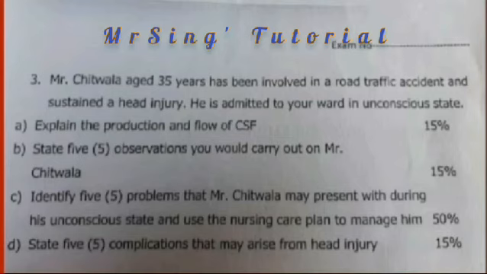Then the other problem that we can also include is memory loss, because head injury can also affect the memory center of the brain. Then the other one, we can also include paralysis and brain damage. So paralysis may also come in, and also brain damage may also come in.